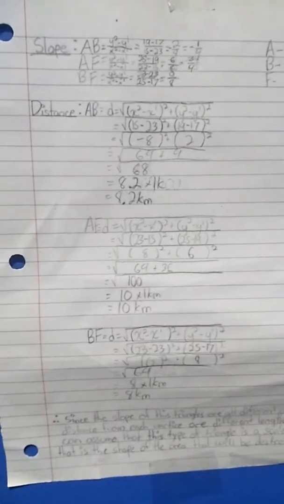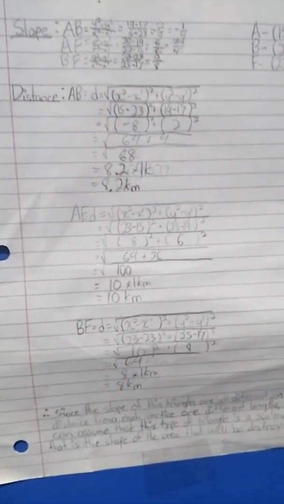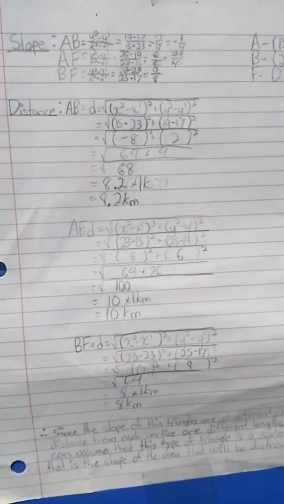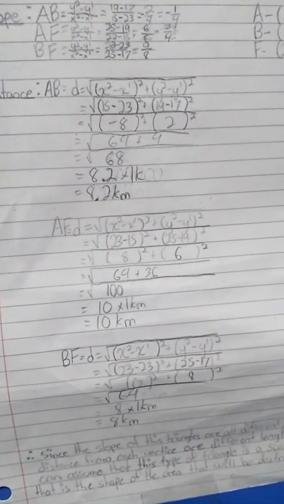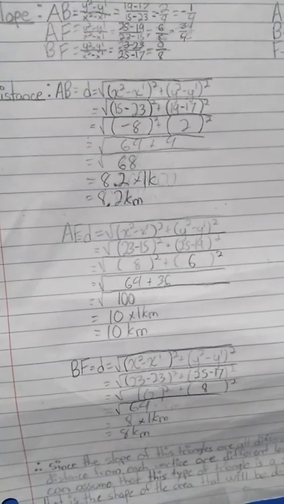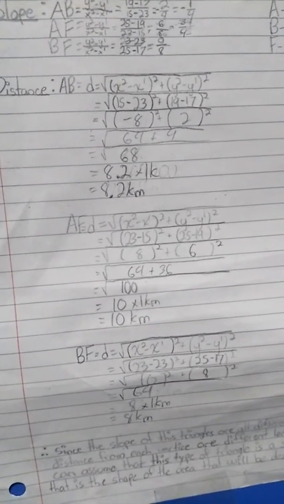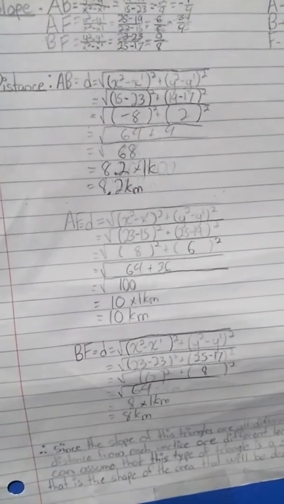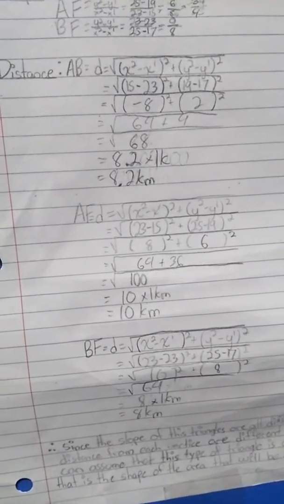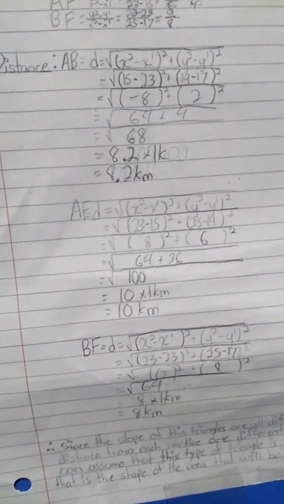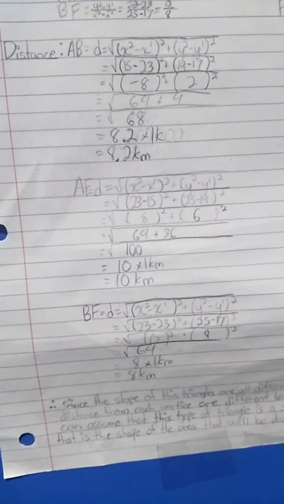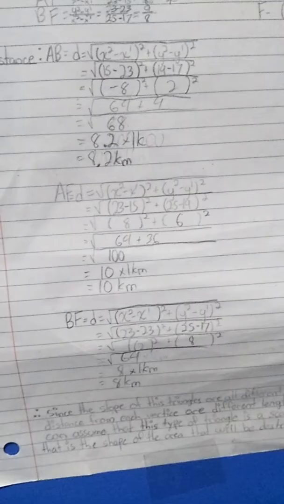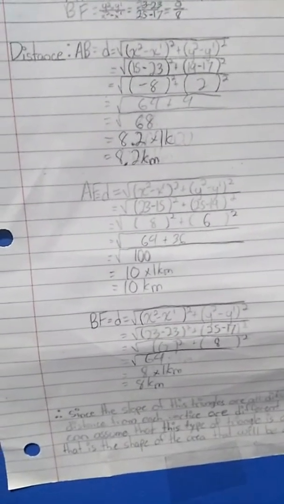And for my distance, I did 15 minus 23 squared plus 19 minus 17 squared, and I got negative 8 squared plus 2 squared, and then 64 plus 4, 68, and then that got me 8.2, and then I have to times it by 1 kilometer because each unit equals 1 kilometer, and I got 8.2 kilometers.